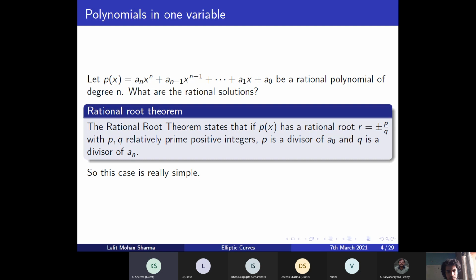So if we substitute, then we know they are relatively prime, so we substitute p by q and get an equation involving p and q. And since the last term will have only the coefficient of q, p must divide a naught, and similarly q must divide a n.